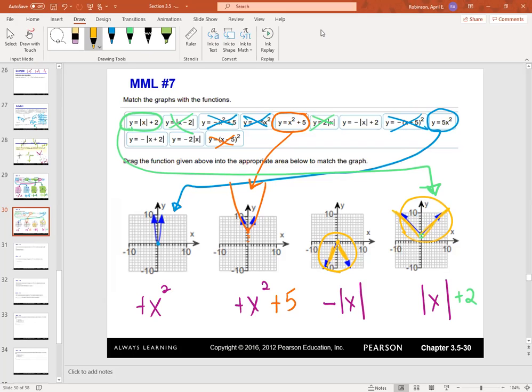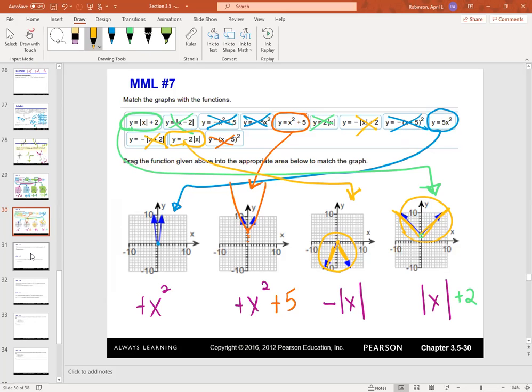This one's a much wider V. So it got compressed or stretched down, but it's smushing against the y-axis. So it should be a whole number, and that would be this one right here. It's a negative and a whole number. It didn't go left or right, so it can't be that one, and it didn't go up or down, so it can't be that one. So it's got to be that one. It's the only one I had left. And there you go. Okay.